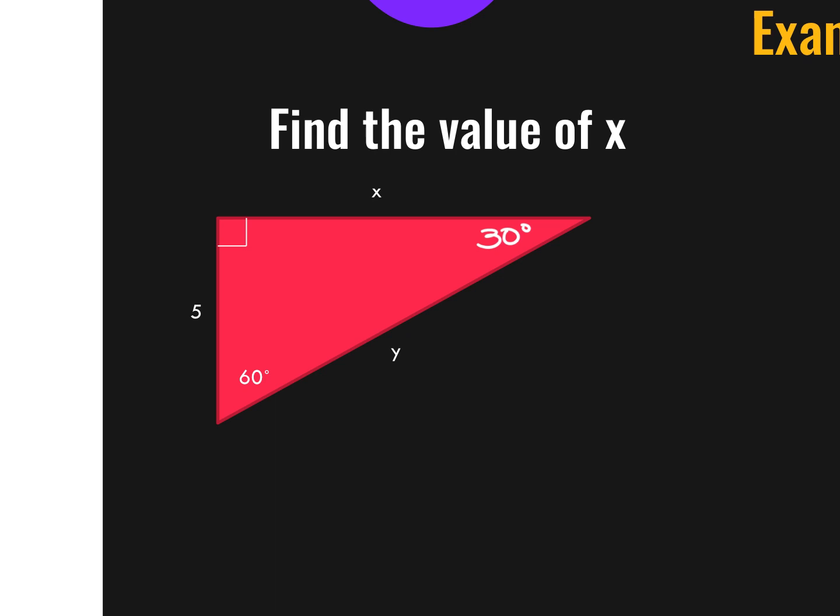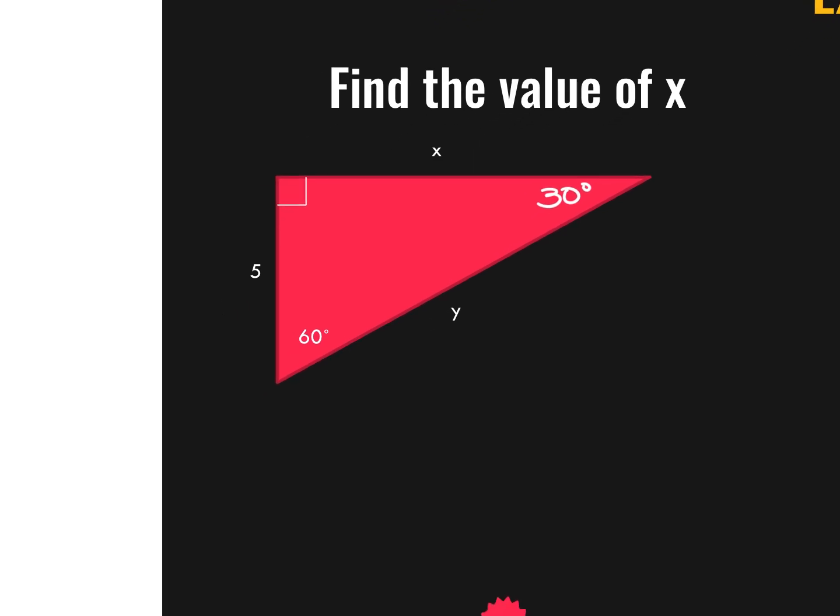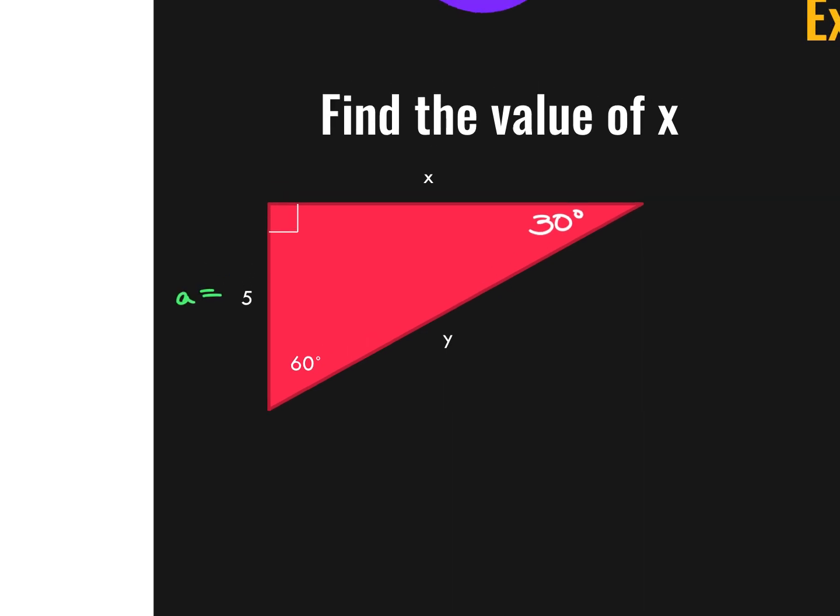All right, so now let's go ahead and label these. So remember, the smallest side, or the one across from the smallest angle, is going to be our A. The side across from the 60, that's going to be A times the square root of 3. And then the hypotenuse, the side across from the right angle, will be 2 times A. So I already have A. A is 5.